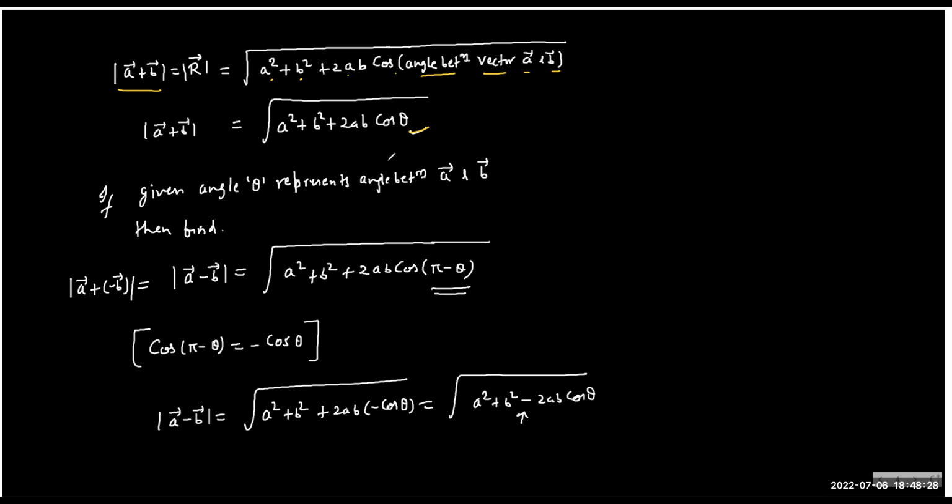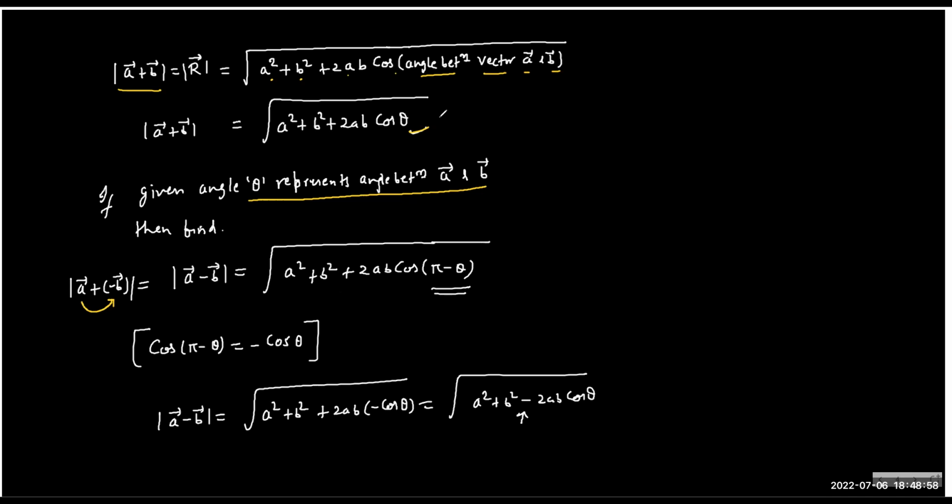Clear? Fine, sir. So while deriving, the theta was representing the angle between A and B, and what we really wanted is the angle between A and minus B, which is not given. But luckily, from the supplementary relation of the angle, we were aware that if the angle between A and B is theta, the angle between A and minus B will be pi minus theta.